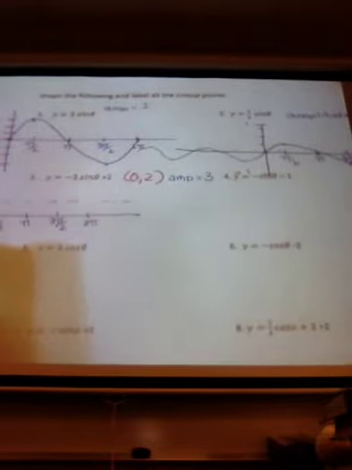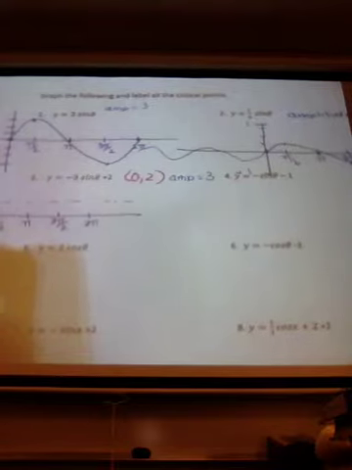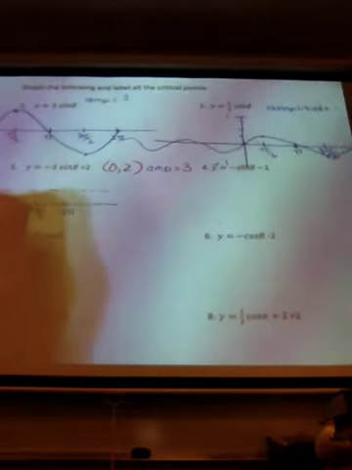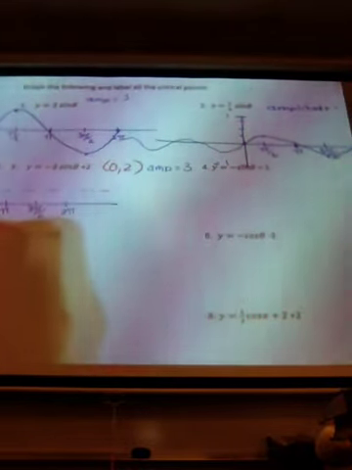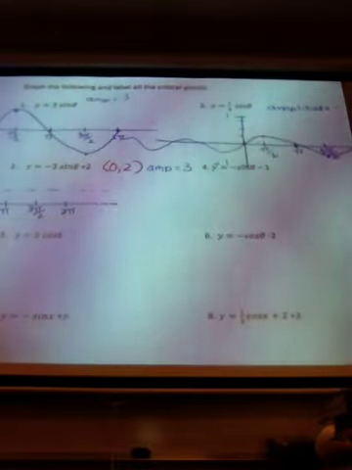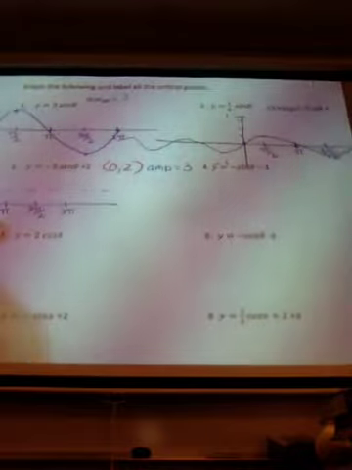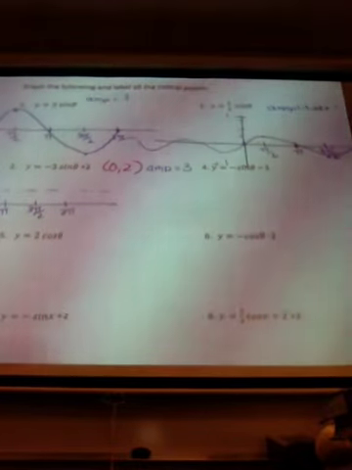Now, how much above and below is it going to go? It's going to go up 3 and below 3. 1, 2, 3, and below 1, 2, 3. Now, when this one goes, here's my 0, my critical point.